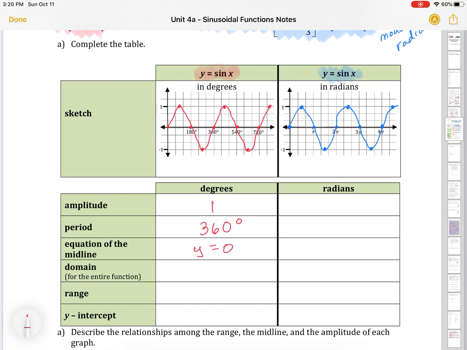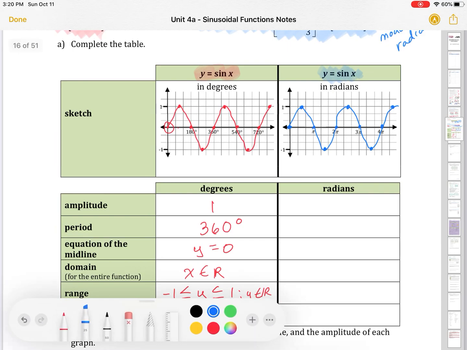The domain for the entire function, so these are the x values, is x is in the set of reals. The range goes from -1 to 1, and y is in the set of reals. And the y-intercept, it only crosses at the beginning at 0.